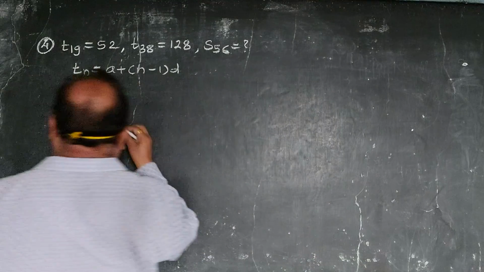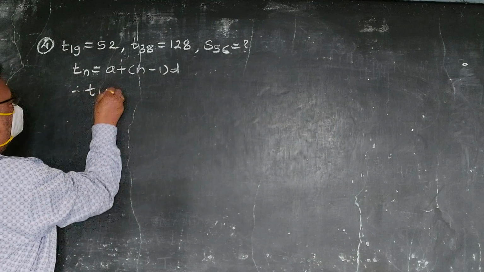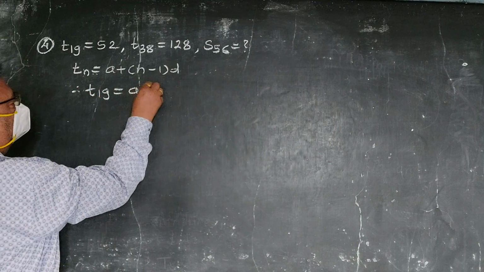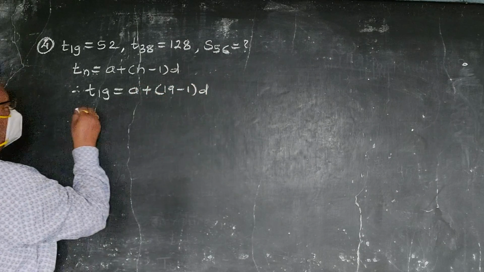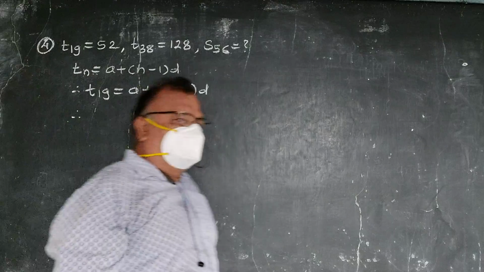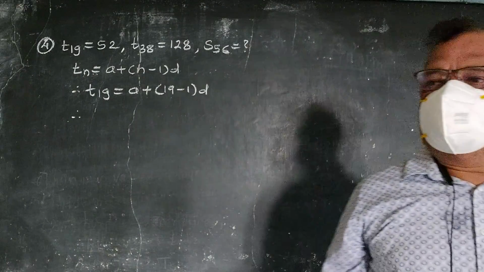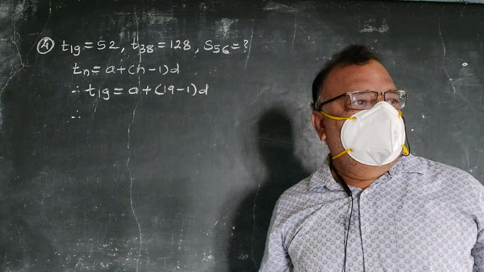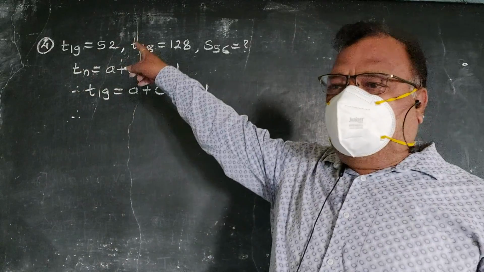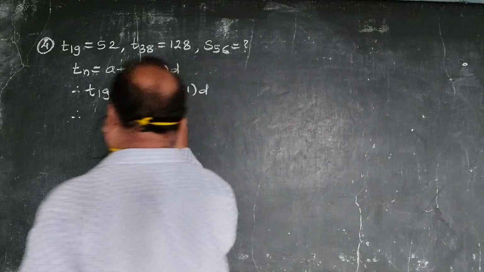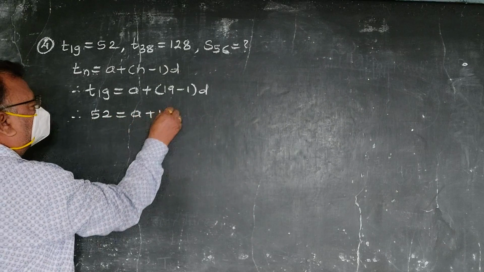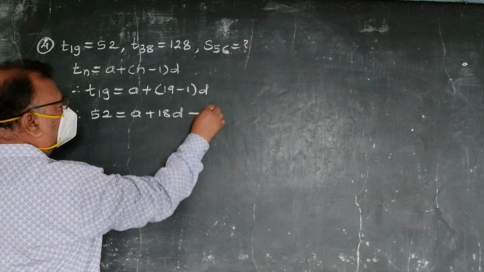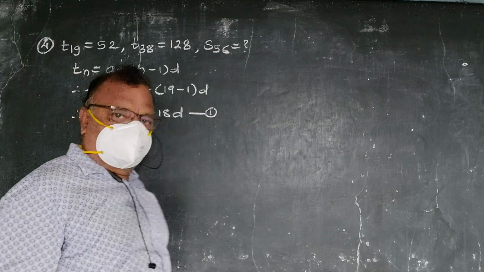Therefore, T19 is equal to A plus, in the bracket, 19 minus 1 into d. What is the value of T19 given? It is equal to 52. So I write here 52 is equal to A plus 18d. We'll call it 1.